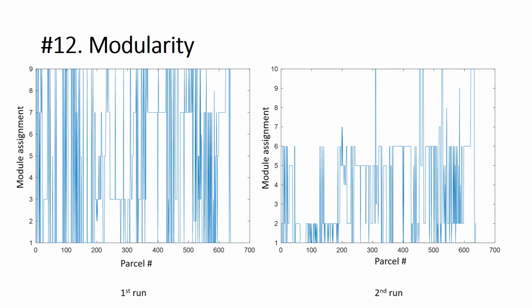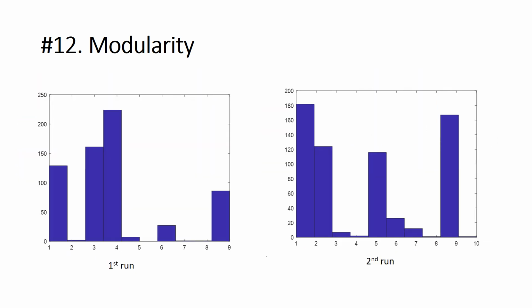But if you actually look at how many main modules are detected, that's fairly reasonable across the 2 runs. So in the first run, you see maybe 1, 2, 3, 4 fairly large modules, and the same in the second run. And so, you know, you need to do some sort of management of robustness of this sort of algorithm, maybe running it many times and taking the consensus result or something like that.